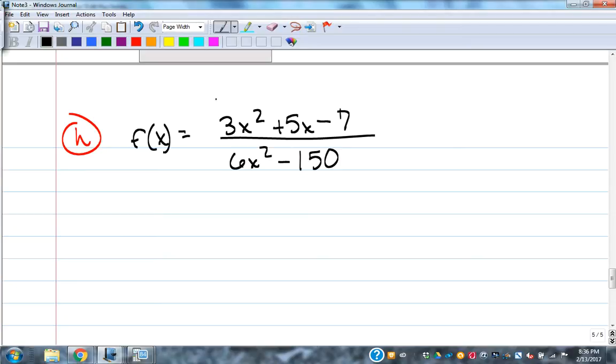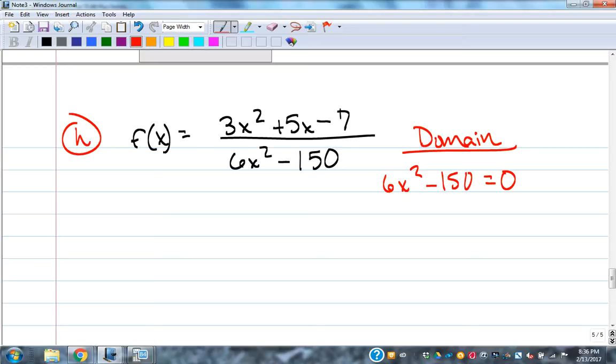Okay, find the domain. So what's the domain? How do we find the domain? Okay, so 6x squared minus 150 equals 0. Now what?